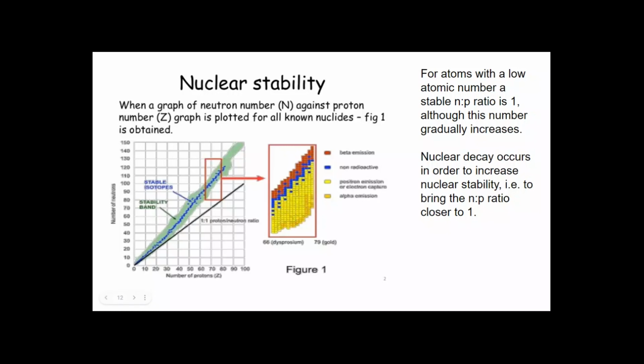But as the proton number increases, the ratio also increases. You need more neutrons present in the nucleus to keep the nucleus stable, because protons, being positively charged, repel each other, and the neutrons minimize this repulsion.